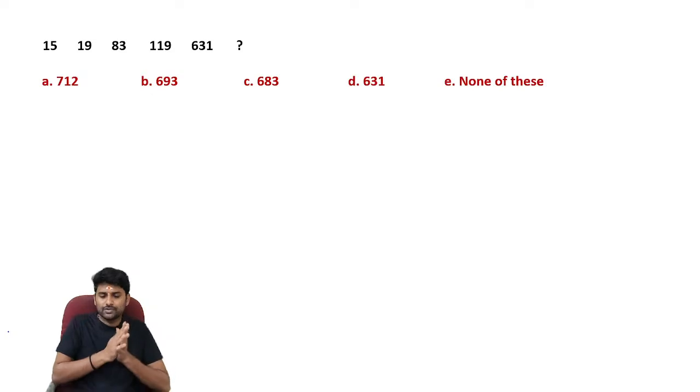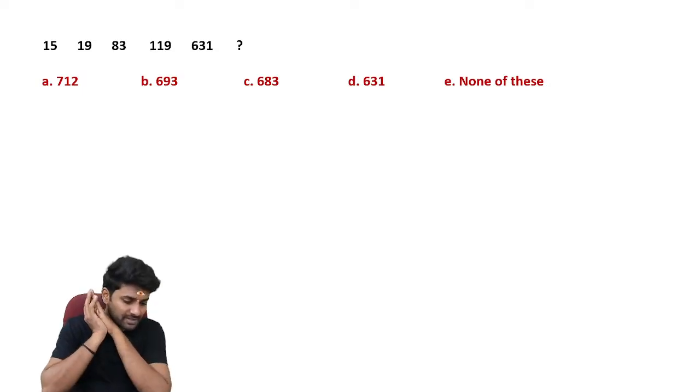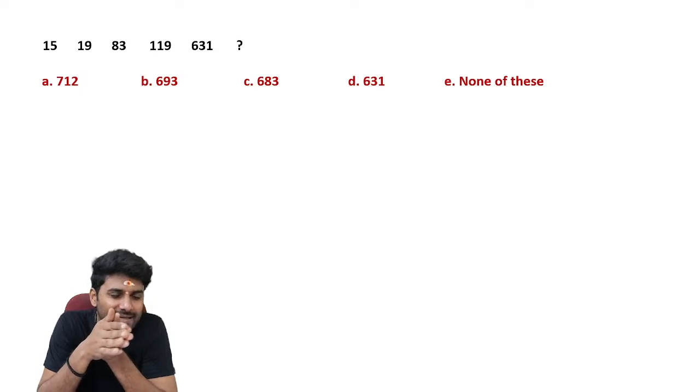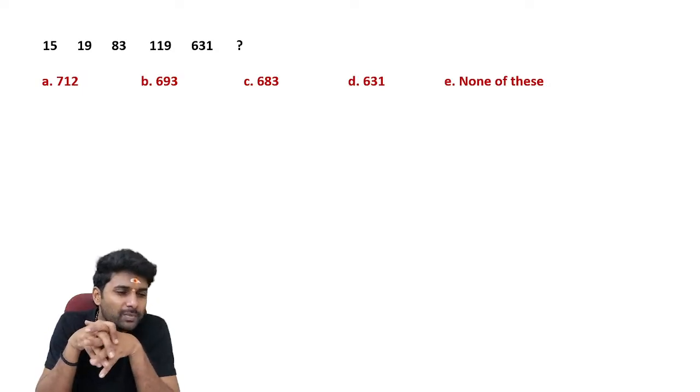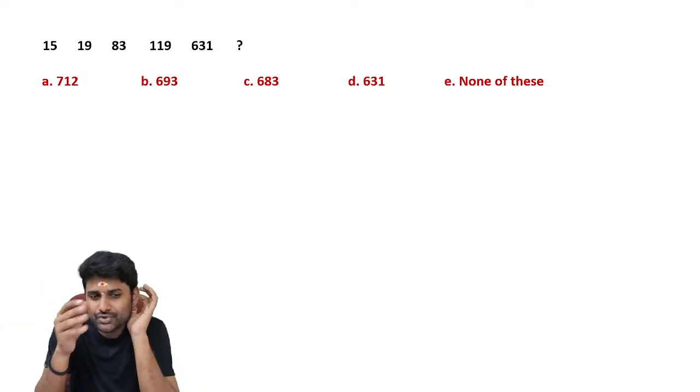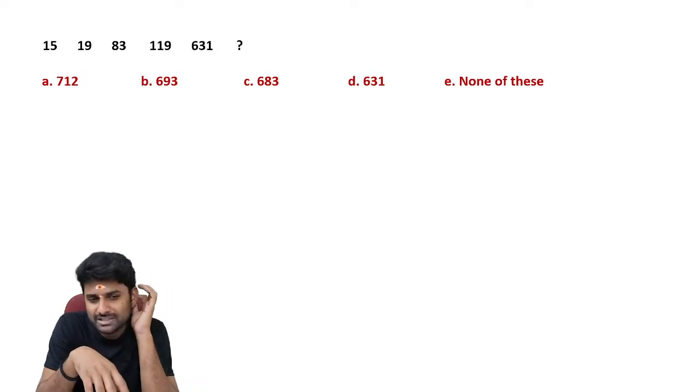Next. Go through this question. It is not in terms of multiplication. See, 83 and 119 again it is only possible with into 1 plus something. Into 2 means that will more than the 119. That's why it is not possible in multiplication.